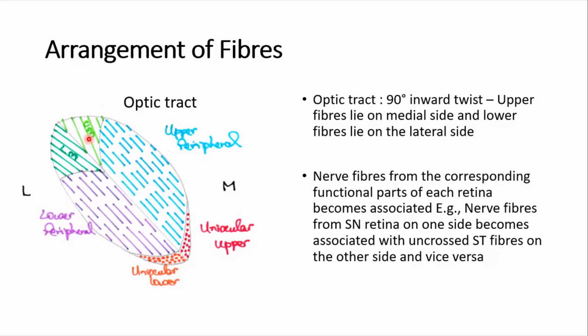It goes on like this, and whatever was there inferiorly will become inferolateral. Also in the optic tract, we have the crossed fibers from the opposite side, nasal retina, and the uncrossed fibers from the same side, temporal retina. Now they both mingle with each other, so there is no distinguishing between upper nasal or upper temporal. We just say upper peripheral in case of the optic tract.